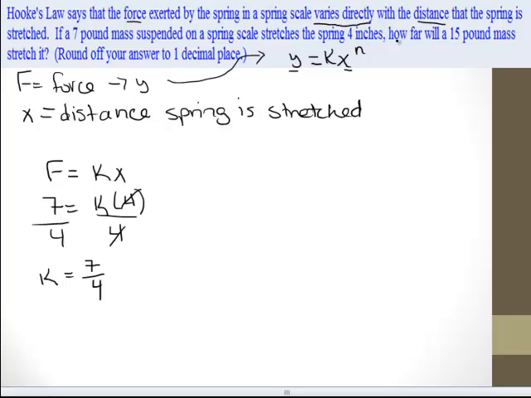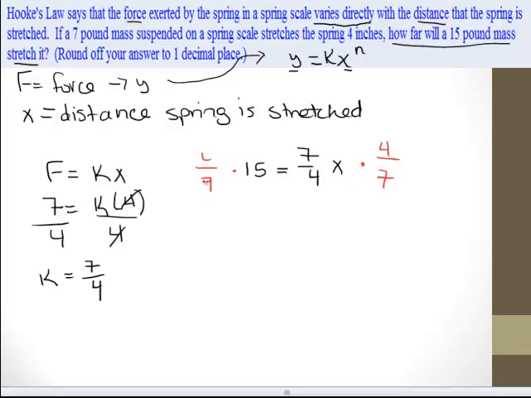We can calculate how far a 15-pound mass will stretch it. So the force will be 15. K is going to be 7/4, and we don't know the distance that it is being stretched. To get rid of the 7/4, we need to multiply both sides by 4/7. We need to use the reciprocal of that fraction to get rid of it. So these all reduce to 1, and we get x is equal to something.